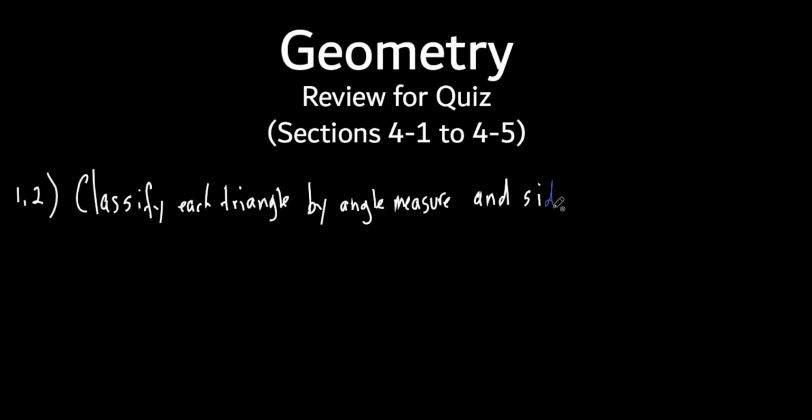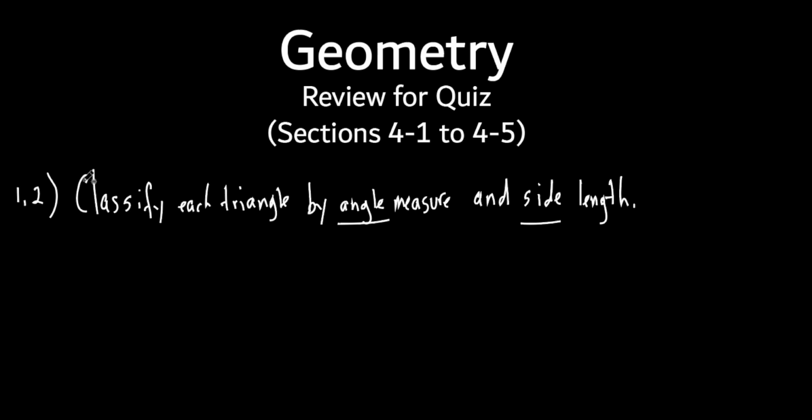So how many answers are you going to have for numbers 1 and 2? Well, for each one. For number 1 and then also for number 2. Yeah, 2 answers. You're going to tell what the name of this type of triangle is because of the angles, and you're also going to say what kind of triangle it is by its sides, all right?